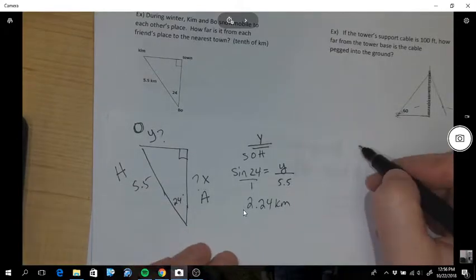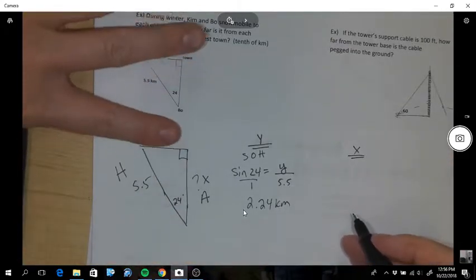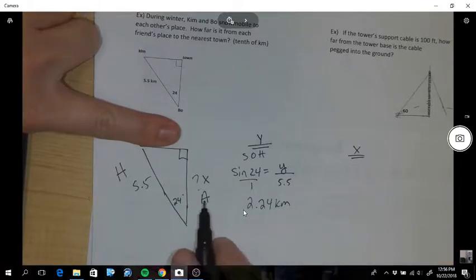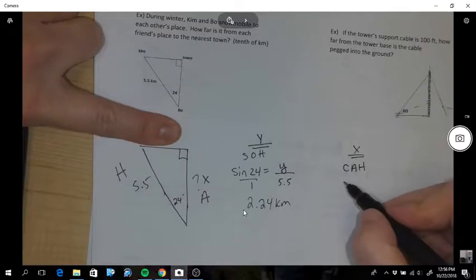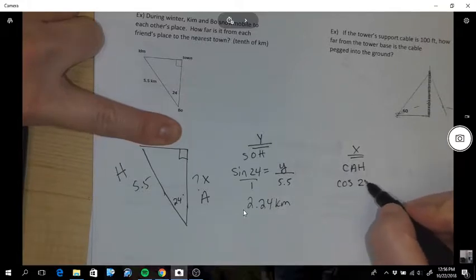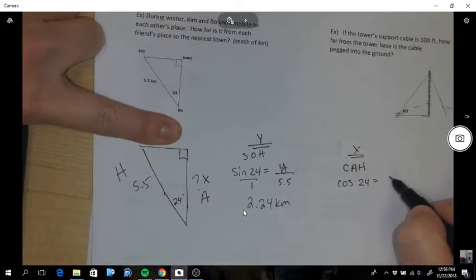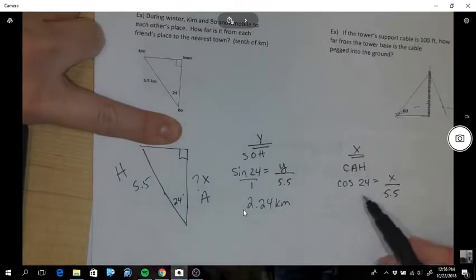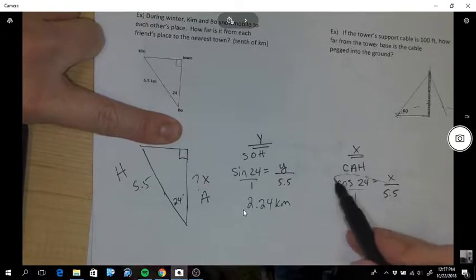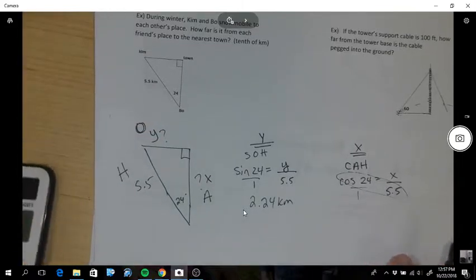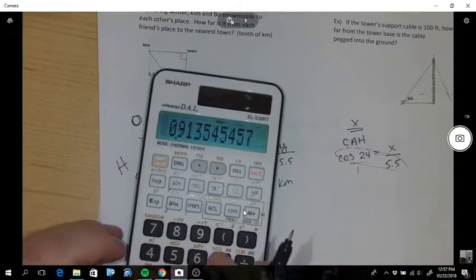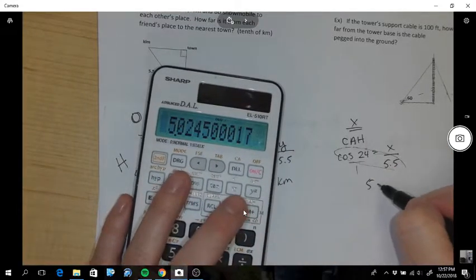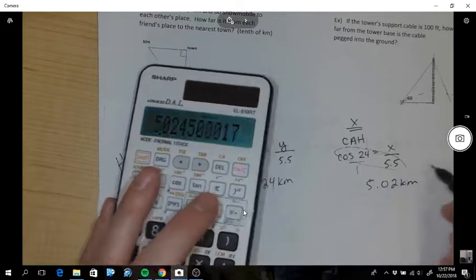And now when I do the x, I cover this side up. So you can see an A and an H, so I'm doing CAH. The cosine of my angle is the ratio of the A over the H. If I put that over 1, I know to multiply. So cos 24 times 5.5 is 5.02 kilometers.